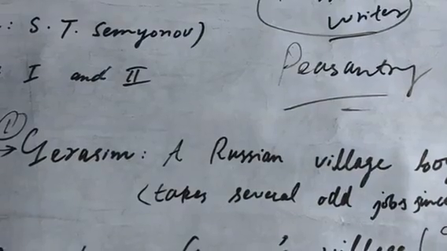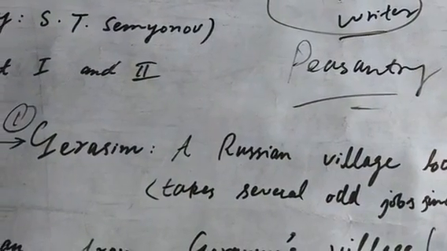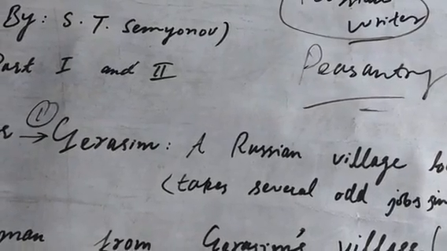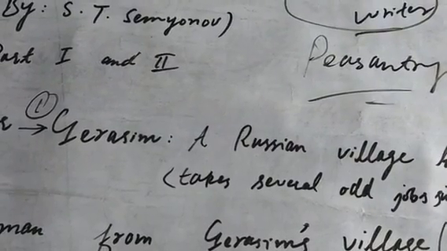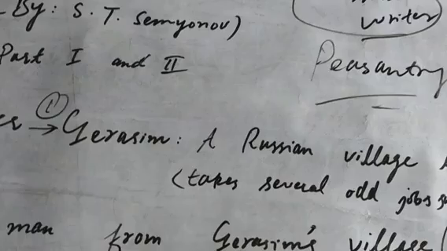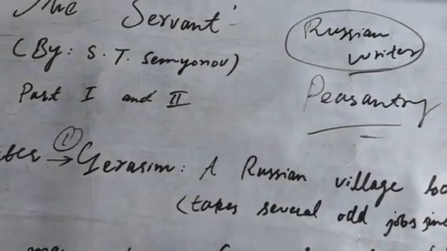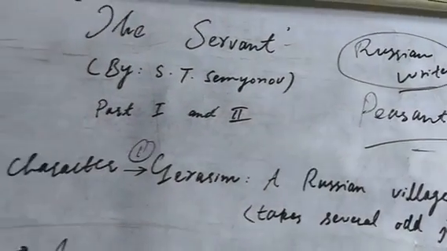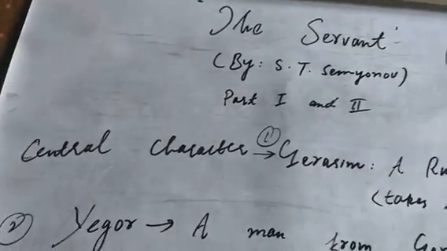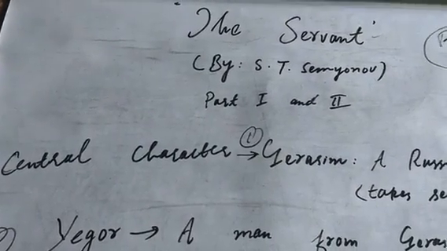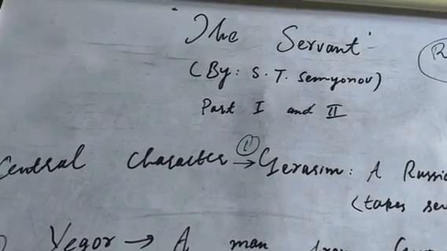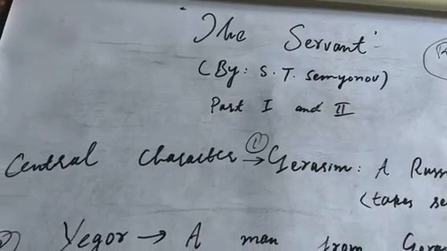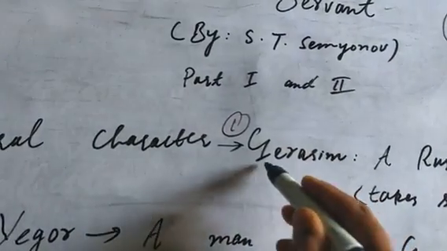It means that in his short stories he highlights the problems, the drastic life, different hurdles, and unsatisfactory life lived by the peasantry class in Russia. And when we talk about this lesson, this story, The Servant, this story is also about a peasant boy whose name is Gerasim.